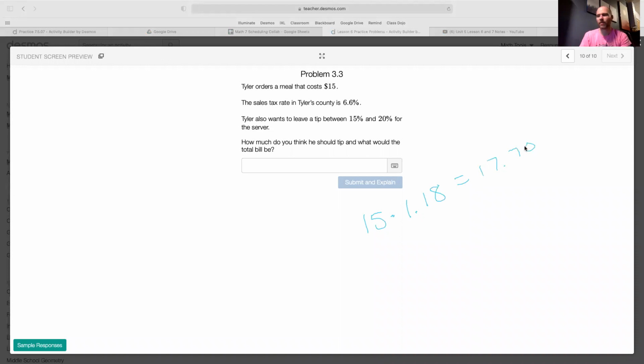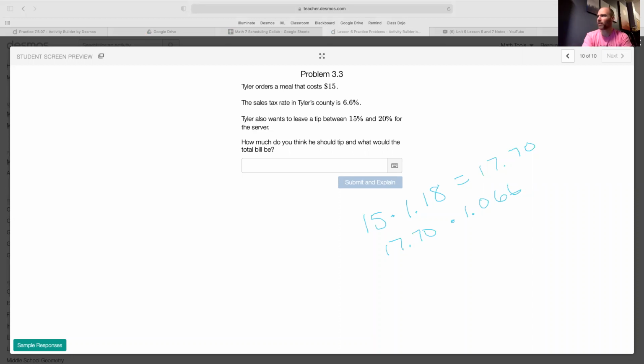And then let's add on the tax. And so we take that 17.70 we just got, and we're going to multiply it by 1.066, that number that we determined in the previous question. Because remember, the 1 in this number maintains the 17.70 when we multiply, right? 17.70 times 1 is 17.70.